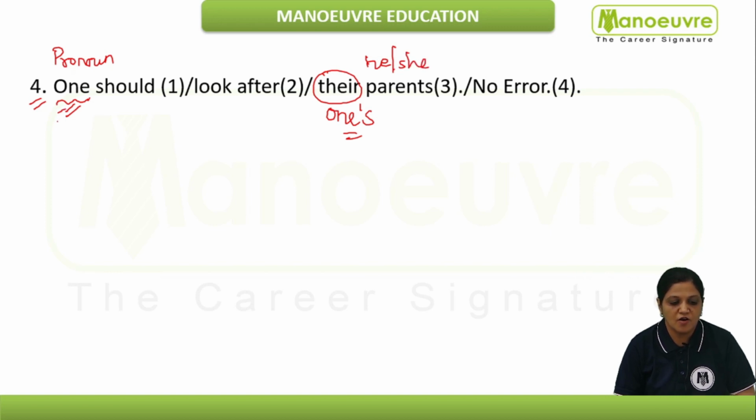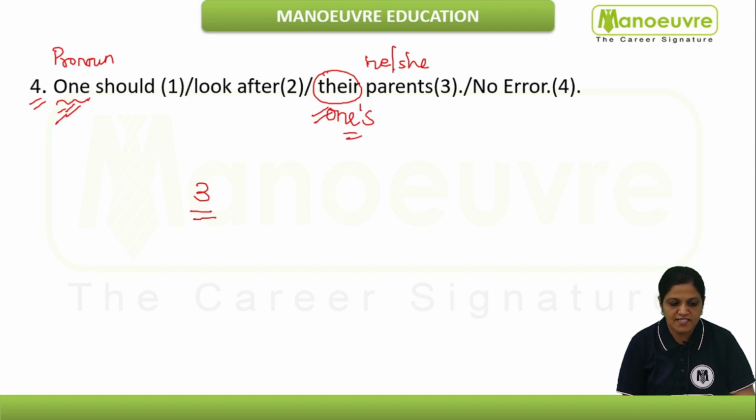Okay, one will always be followed by the pronoun one's. That means the error is in the third part of the sentence. So here we can read it: One should look after one's parents. This is going to be the correct sentence.